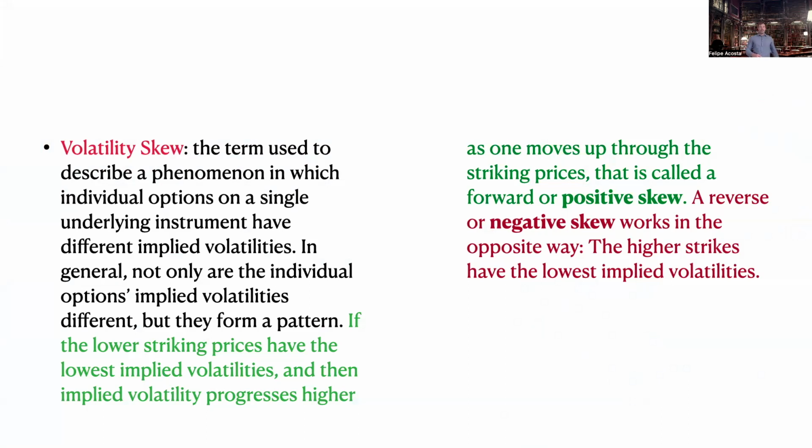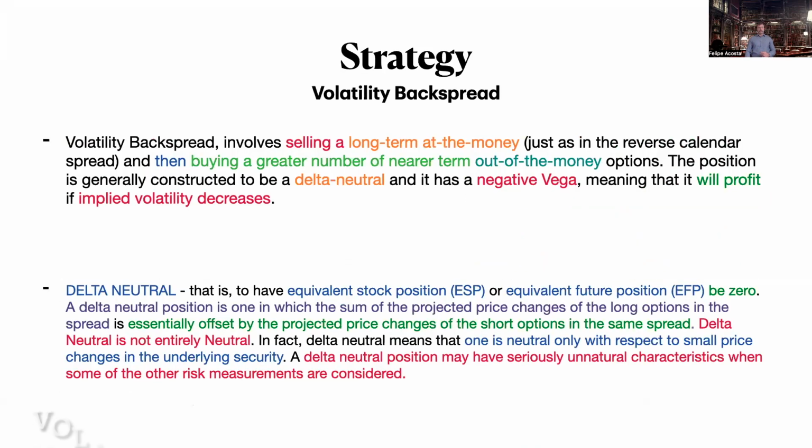If the lower striking prices have the lowest implied volatility, then implied volatility progresses higher as one moves up through the striking prices. This is called a forward or positive skew. A reverse or negative skew works in the opposite way: the higher strikes have the lowest implied volatility. So that is a volatility skew.